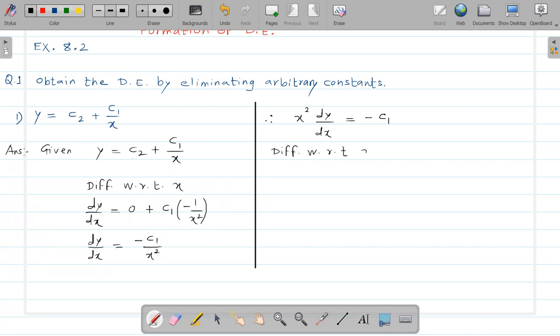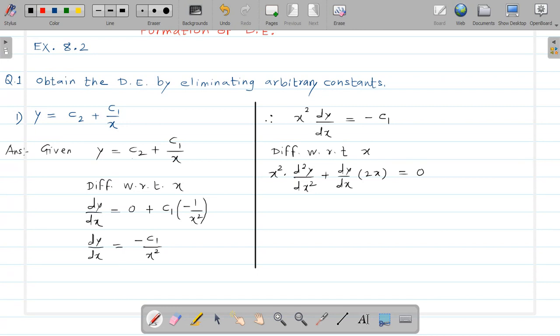So differentiate with respect to x both sides. Here to the left hand side we require u into v rule. So x square into dy by dx: I keep x square as it is into the derivative of dy by dx, that is d square y upon dx square, plus dy by dx as it is into derivative of x square, which is 2x, and to the right hand side the c1 will get eliminated because the derivative of minus c1 is 0.